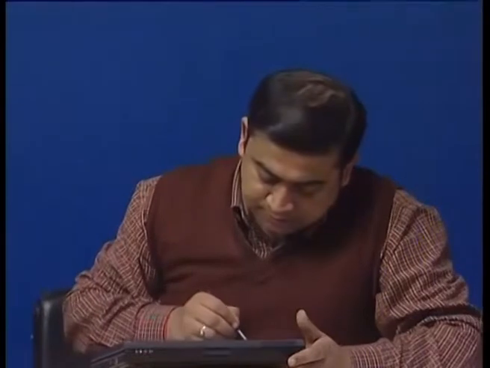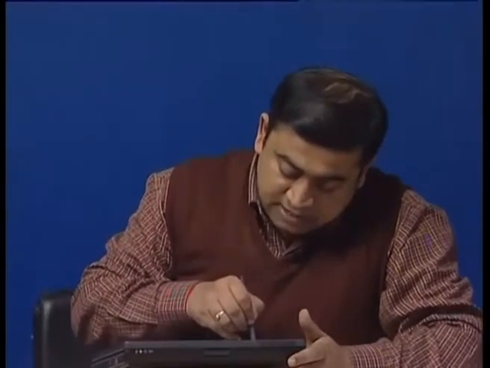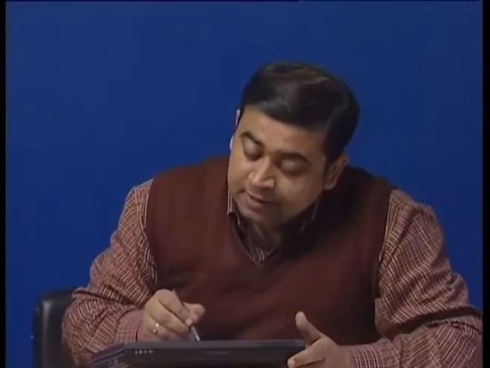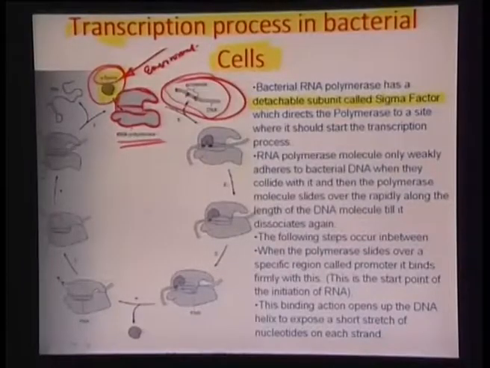So therefore, if you really look at this process, you have a detachable subunit, sigma factor. It directs the polymerase to a site where it should start the transcription, and the RNA polymerase molecule only weakly adheres to the bacterial DNA when they collide with it, and then the polymerase molecule slides over rapidly along the length of the DNA molecule until it hits the promoter region, and there it binds more firmly over this specific region because of the sigma factor.